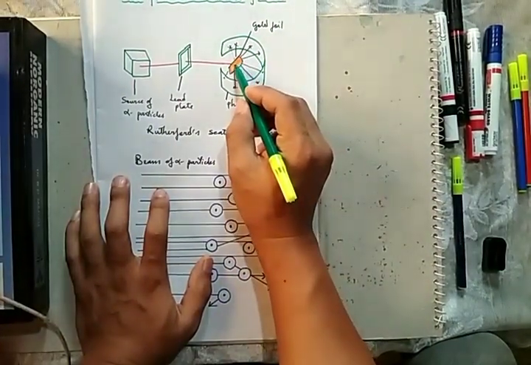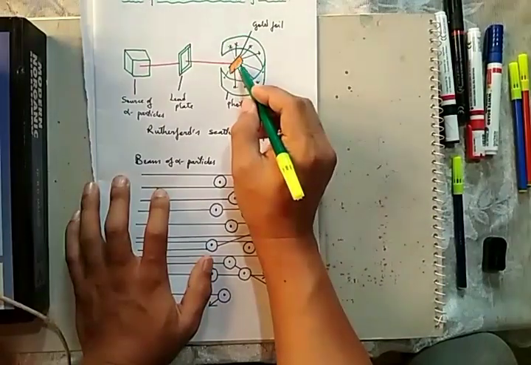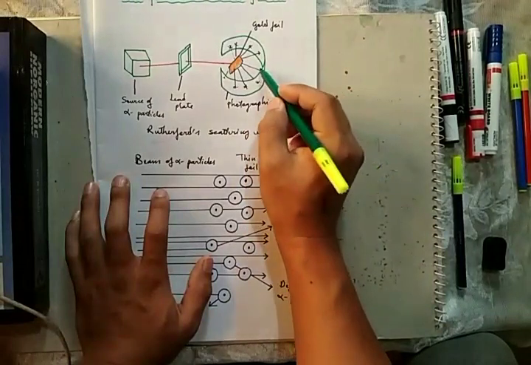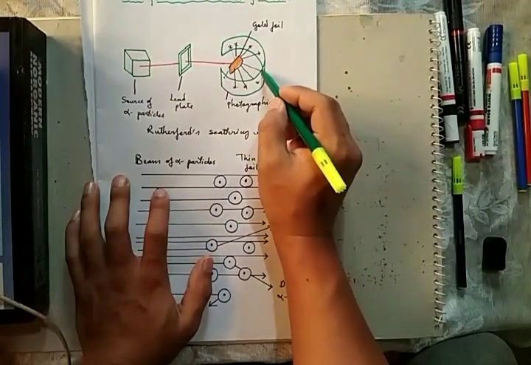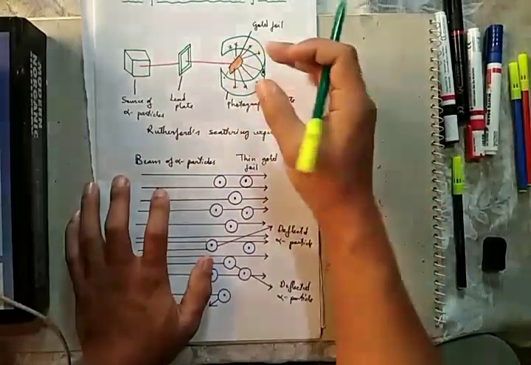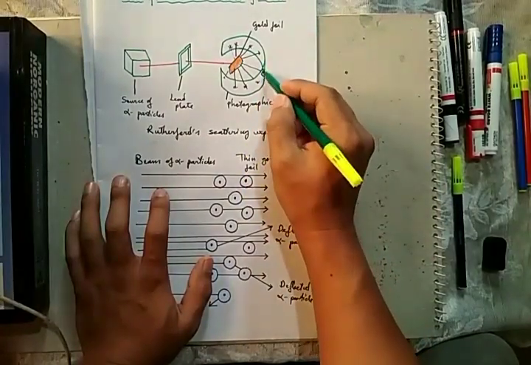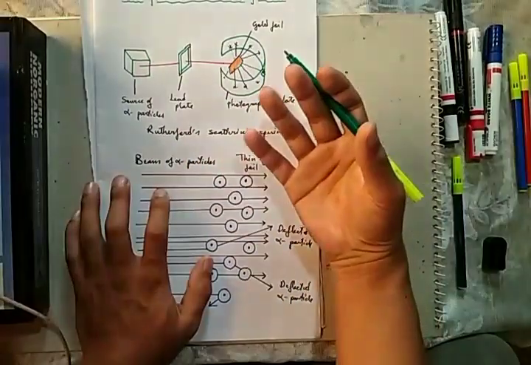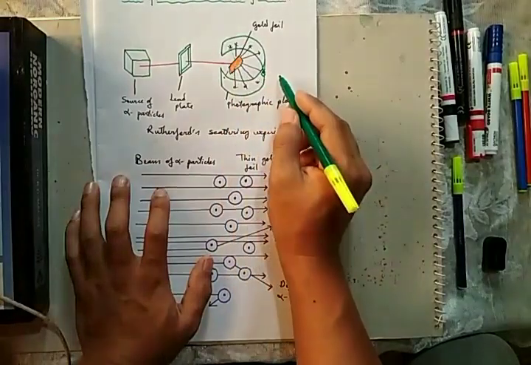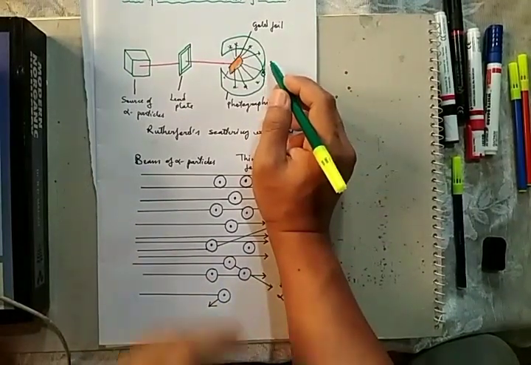The alpha particles penetrated through the gold foil and hit the photographic plate. When an alpha particle hit this photographic plate, a flash of light was observed, indicating that the alpha particles penetrated through the gold foil and hit the photographic plate.